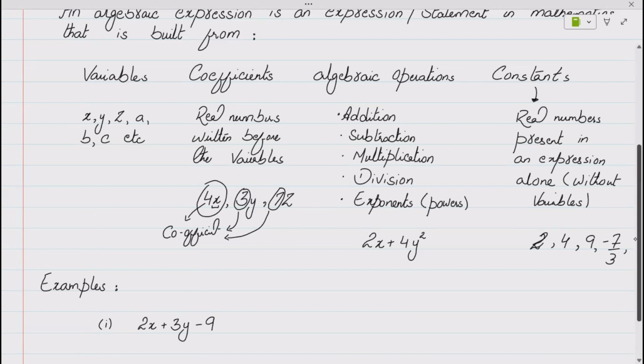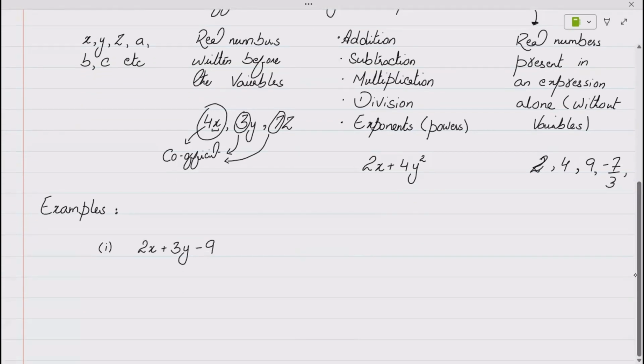Now, you can see this algebraic expression is built from the above four building blocks. So, you can see here the coefficients are 2, 3, just these two. The variables are x and y.